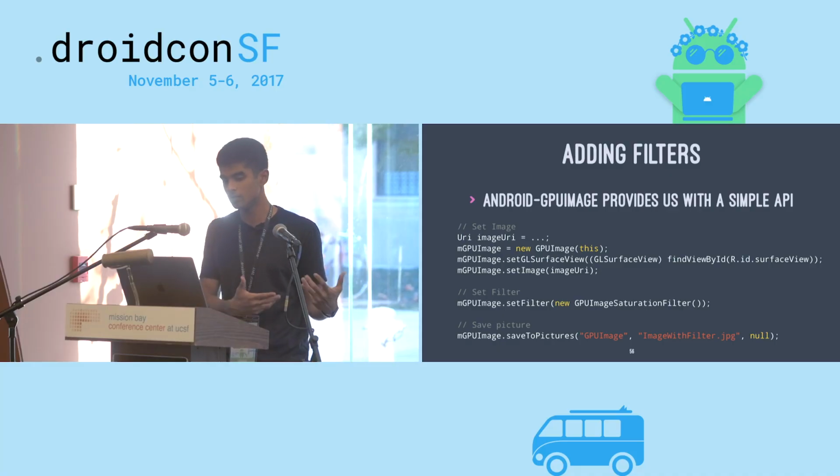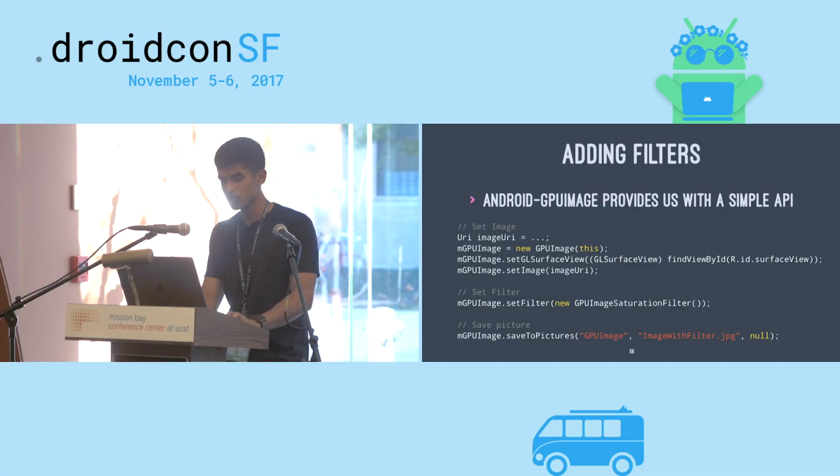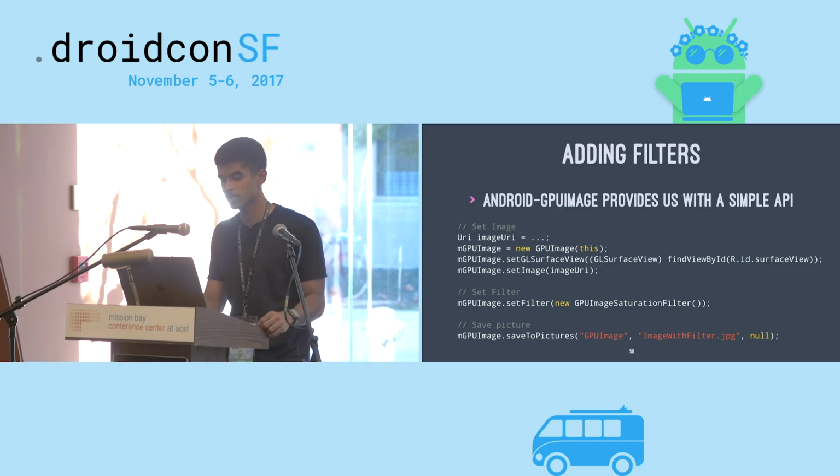In order to do that, you basically get a URI and set it onto the GLSurfaceView. GLSurfaceView is basically an implementation of the SurfaceView that uses a dedicated surface for displaying OpenGL rendering. Once the image is set, GPUImage also comes with a bunch of filters. I set a saturation filter here, and then you can call saveToPictures.